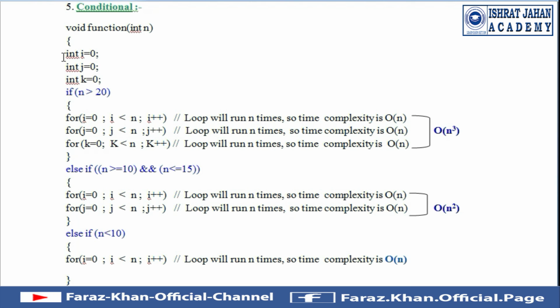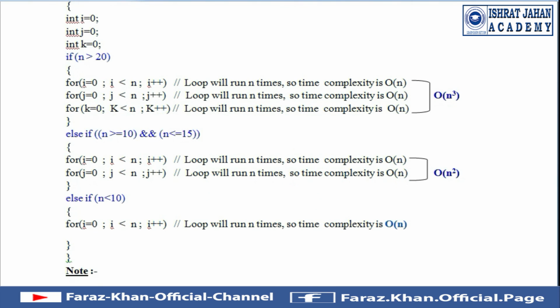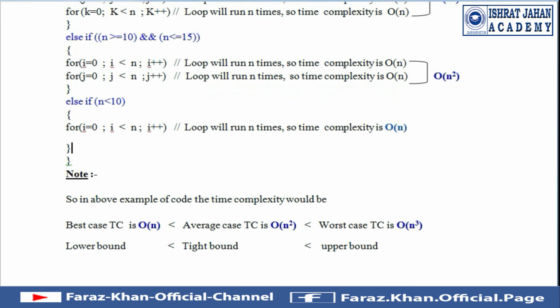So whether this condition will execute or this condition will execute or this condition will execute. So if I write the analysis, in the above example of code, the best case time complexity would be O(n), average case would be O(n square), and the worst case would be O(n cube).